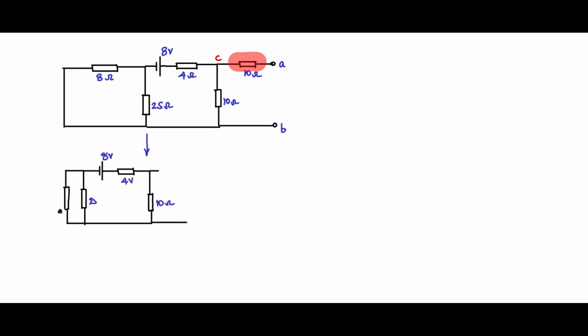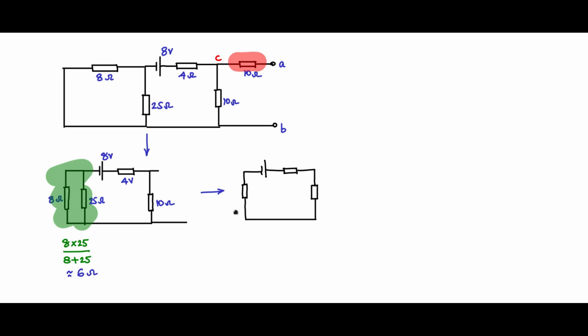So let us number them. Now these 2 are in parallel, so it is product by sum, 8 into 25 by 8 plus 25, approximately 6 ohms, that is this. So the circuit translates into this, where this is 10 ohm, this is 4 ohms, this is 6 ohm, and because they are all in series, elements can be interchanged in position without affecting the operation.